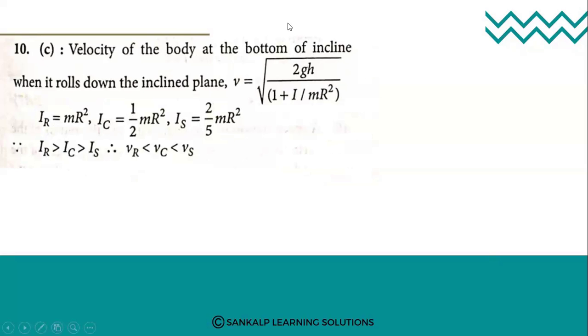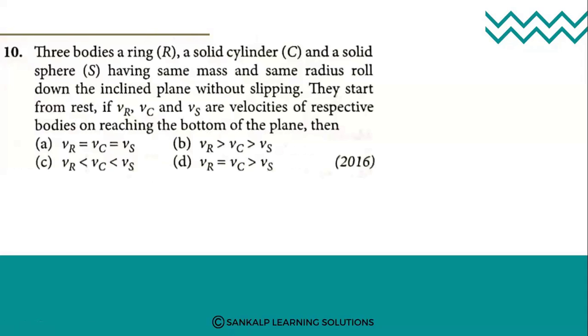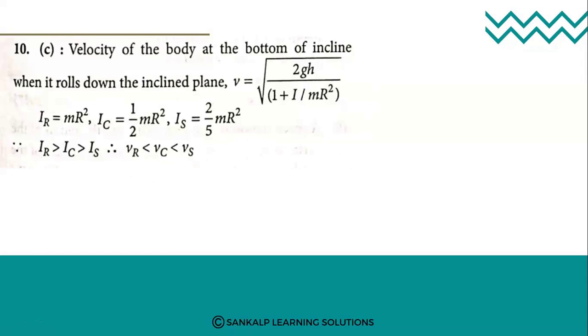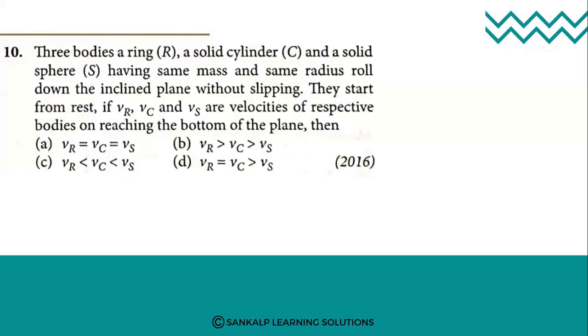That is option C. So first is the solid sphere, then the cylinder, then the ring. Okay.